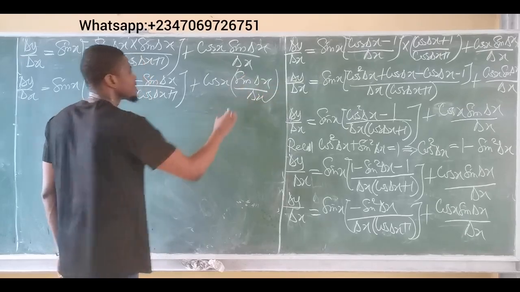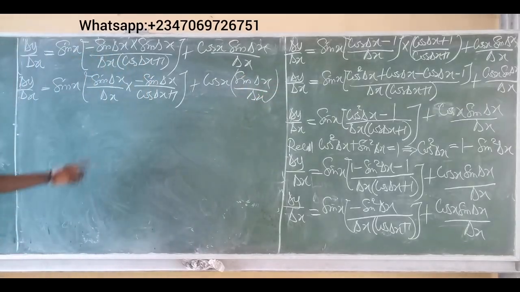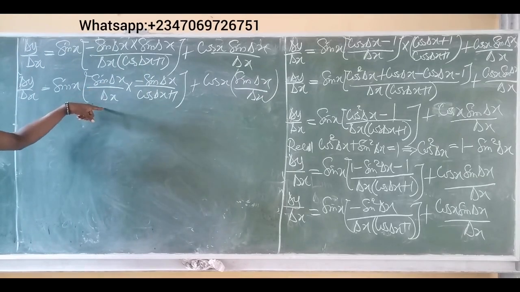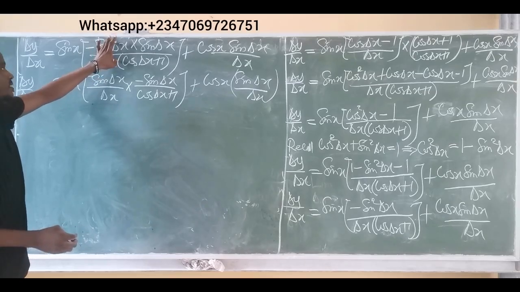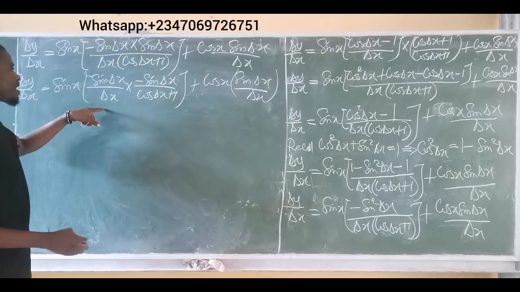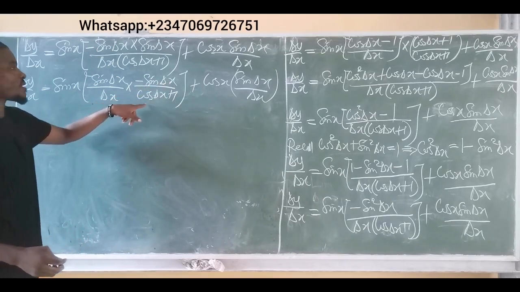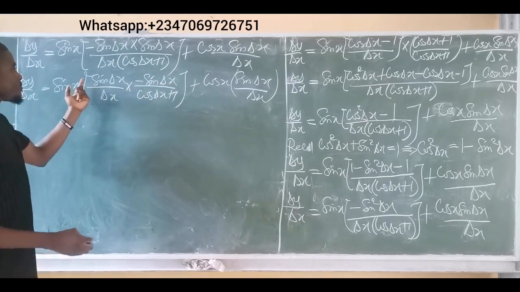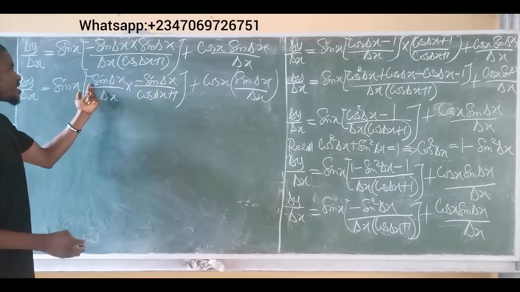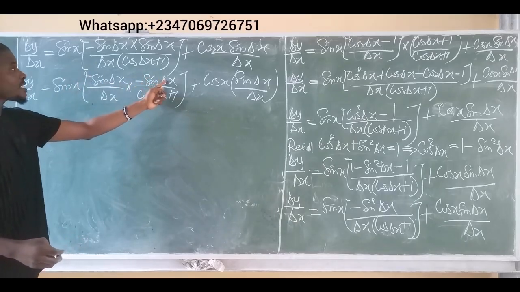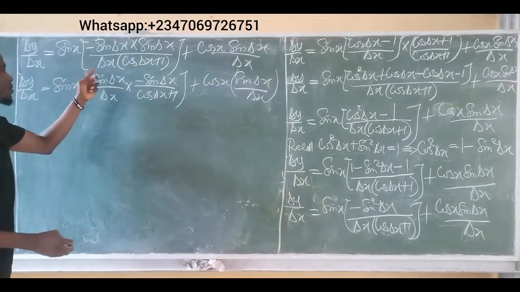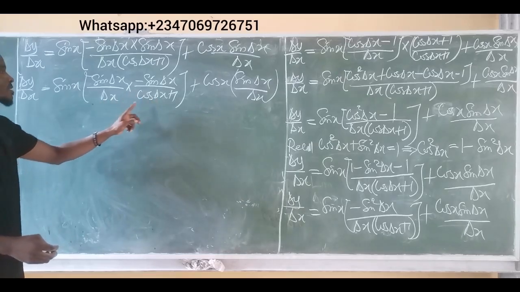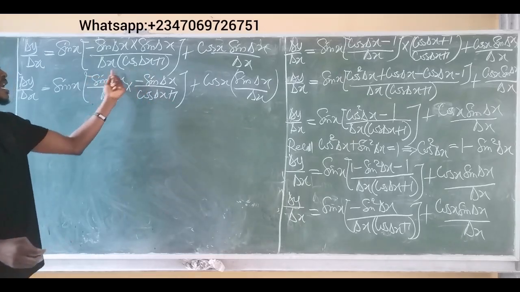So let's just bring sine change in x over change in x together, just like we did here. Okay, so this is now still the same thing as this. Of course, sine change in x over change in x times minus sine change in x over cos change in x plus 1. So if you multiply the numerators together, sine change in x times minus sine change in x, that gives us what? Negative sine squared change in x. Then multiply denominators together, change in x multiplies cos change in x plus 1, we simply have this denominator.